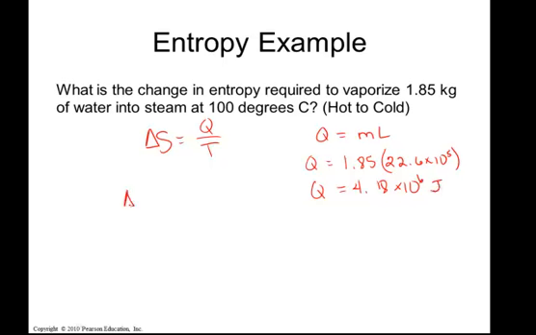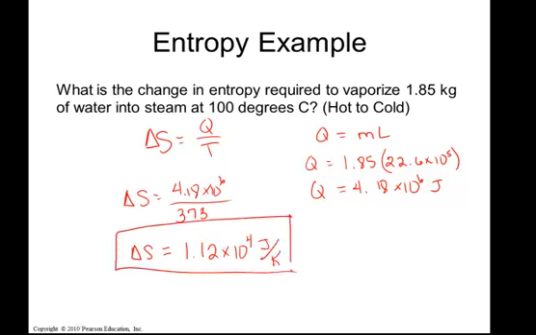So that's going to be Q. And then I have to divide by my temperature, but it has to be in Kelvin, so 100 plus 273 is going to be 373 Kelvin. And when I divide those, that's going to give me my change in entropy. And that's going to be joules per Kelvin, because I have joules on the top and Kelvin on the bottom.